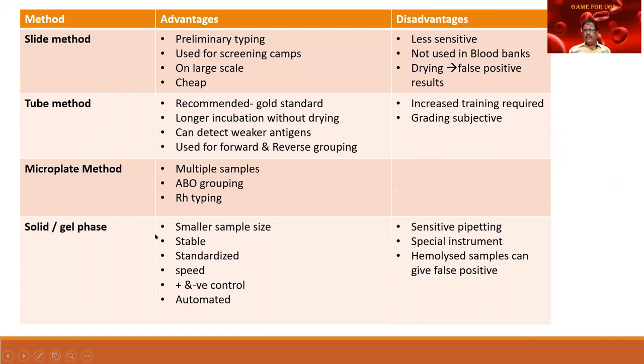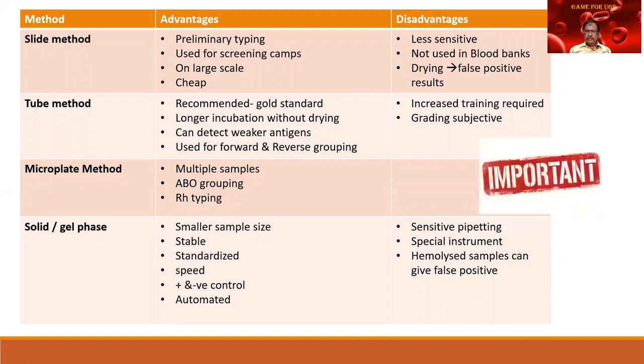Tomorrow, definitely in the examination, the examiner will ask you, what are the different methods of doing the blood grouping? You should mention the slide method or the tile method, tube method, microplate method, gel phase method, or the solid gel phase method. I don't think this word is required, but anyway, for completion.